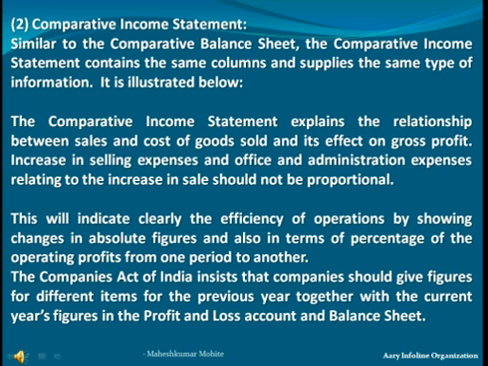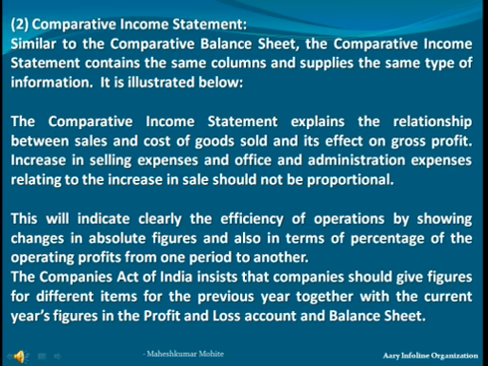2. Comparative income statement. Similar to the comparative balance sheet, the comparative income statement contains the same columns and supplies the same type of information. It is illustrated below. The comparative income statement explains the relationship between sales and cost of goods sold and its effect on gross profit.